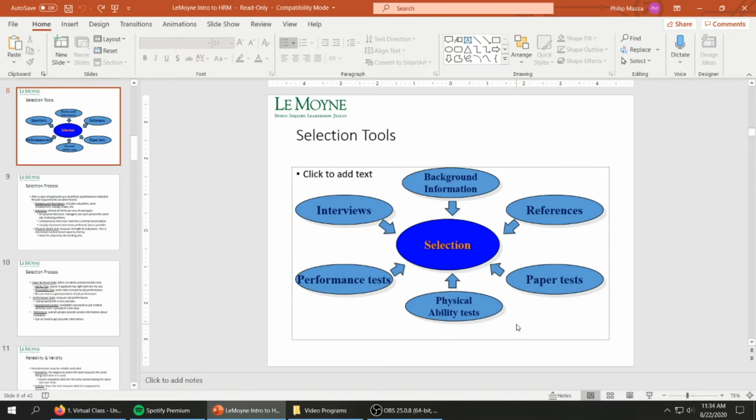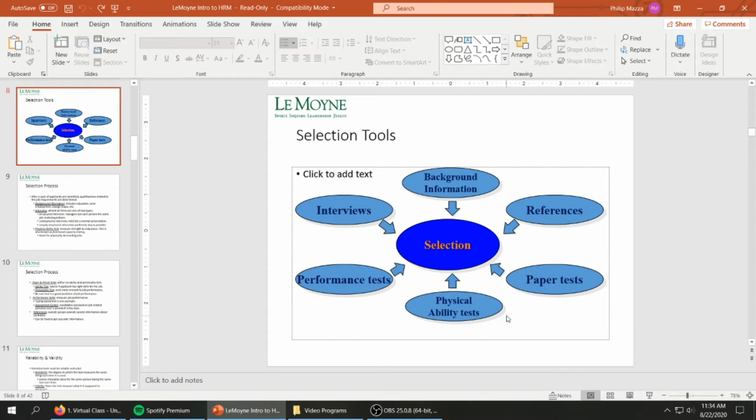That would be discriminatory. So the test has to align with the position, the job description, and the test has to be validated mathematically, and that is quite a lengthy process.